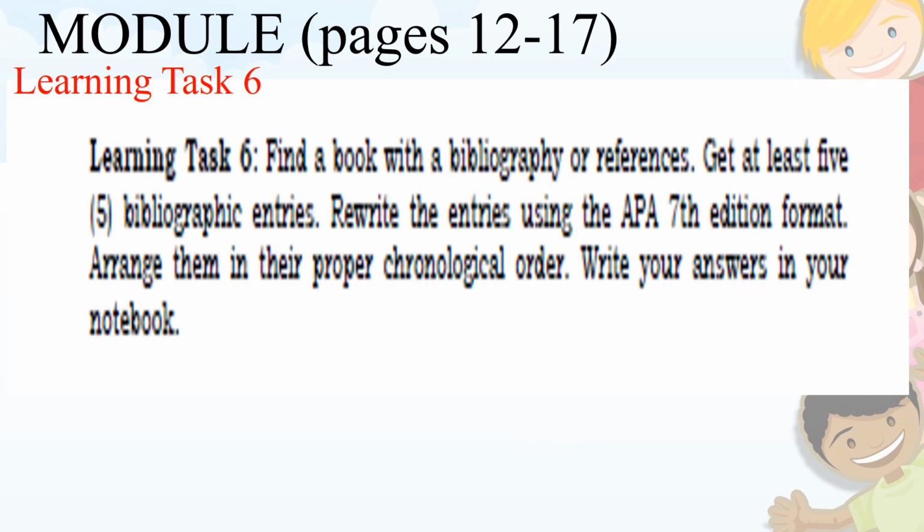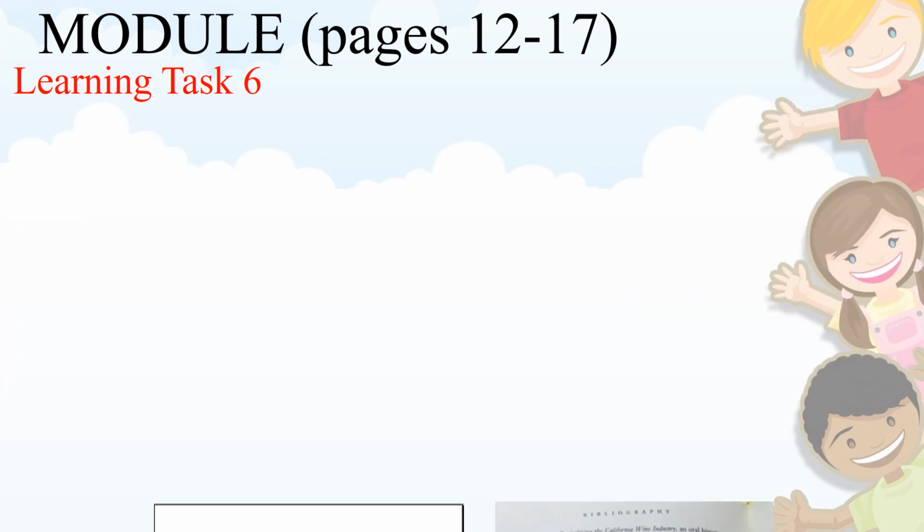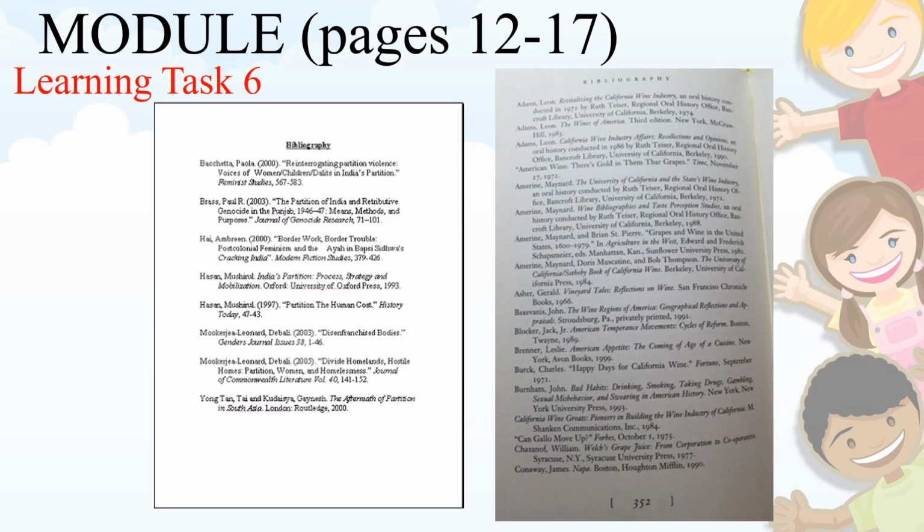In the Learning Task 6, you have to get a book with a bibliography or references. Then, get at least 5 entries and you write this into APA 7th edition format. Afterwards, arrange them alphabetically. This is an example of a book with references or bibliography.